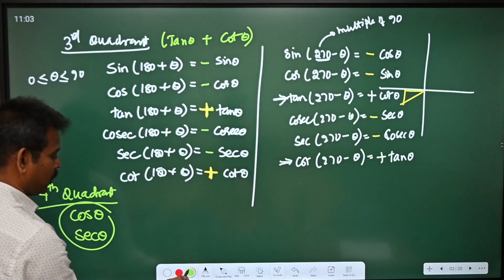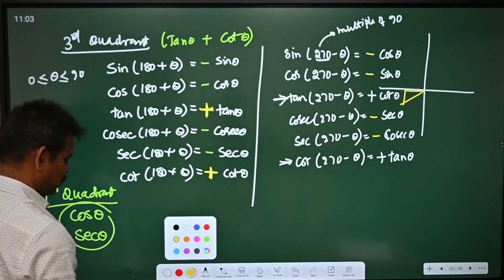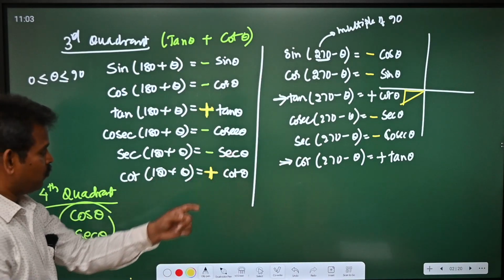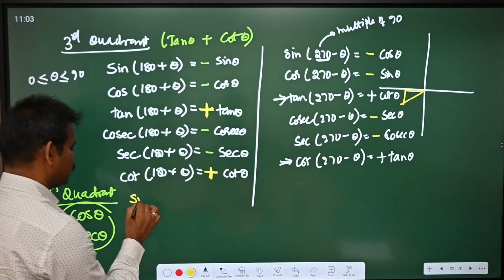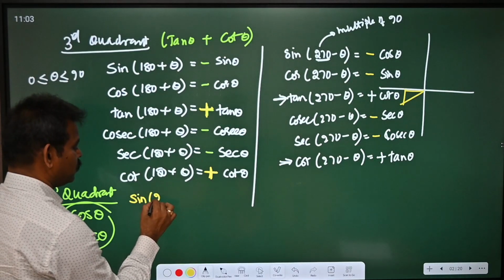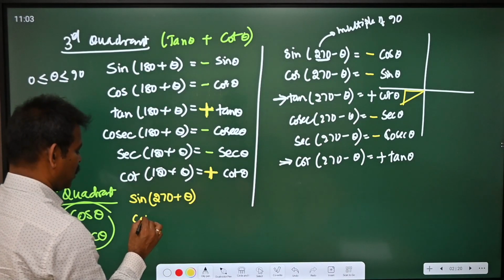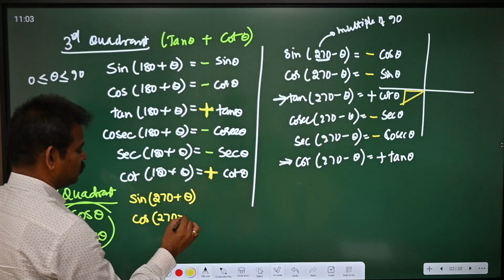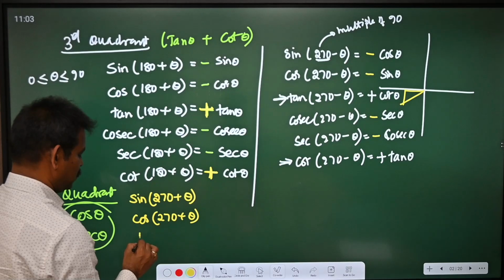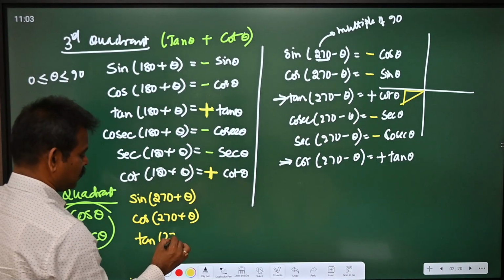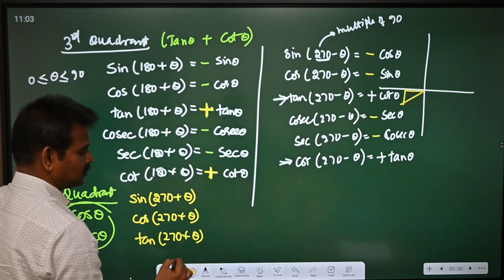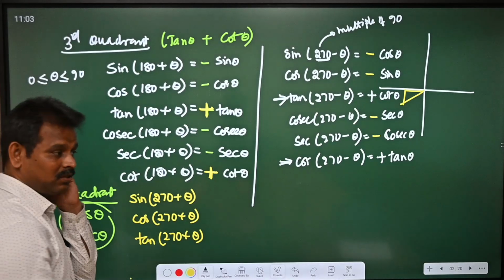So now we are going to write the values in the fourth quadrant. In the fourth quadrant, sin(270 plus theta), cos(270 plus theta), tan(270 plus theta). And already we have seen this.